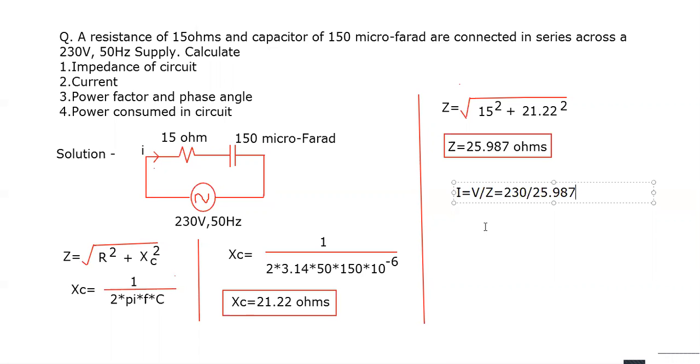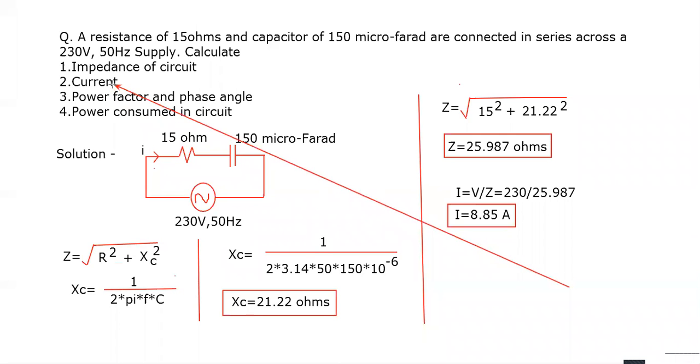So simply the value of I is V by Z, and I is equal to 8.85 amperes after calculation. Put the value of Z and V here. Okay, so it is our second answer, current.